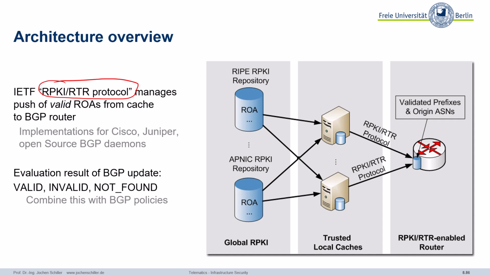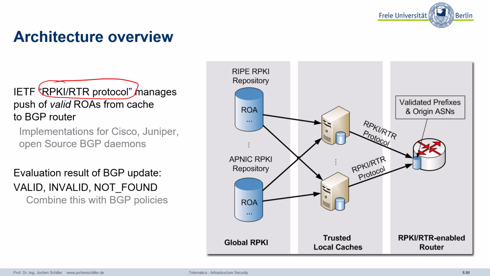So you don't have to do this validation of these ROAs on the routers, but basically you push it to the routers. So you have the repositories where you have them all stored, so from RIPE and from others. So this all together is our global RPKI.